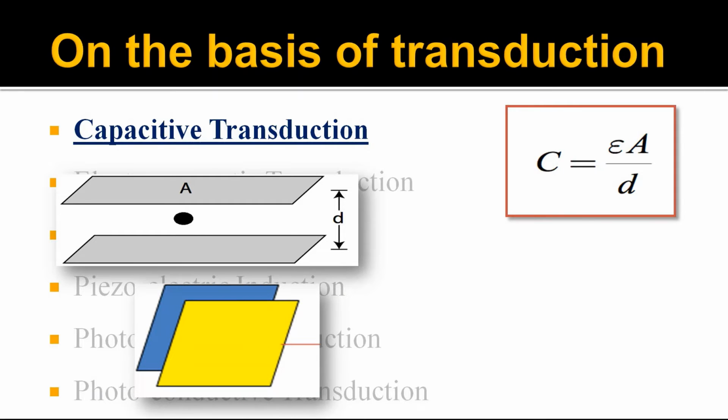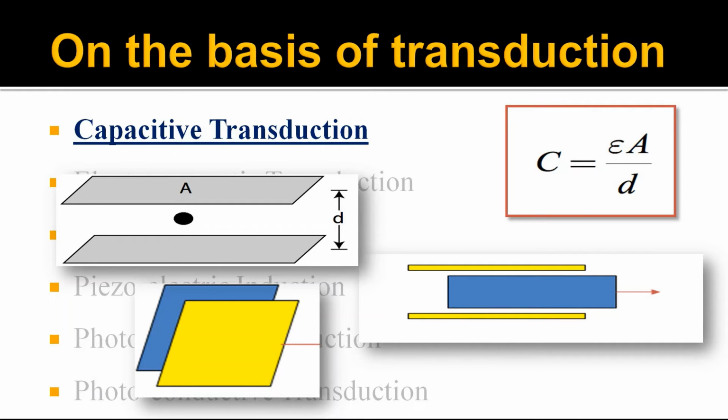Second method is again keep one of the plates of the capacitor fixed and move the other plate over the fixed plate. This way, the effective area between the two plates of the capacitor is varied, keeping the other two parameters, that is distance and dielectric, as constant.